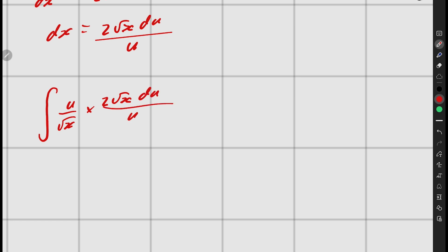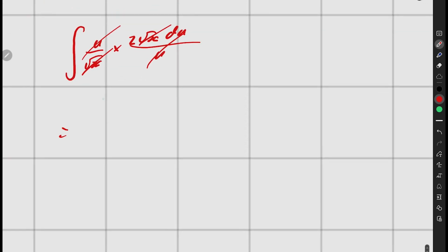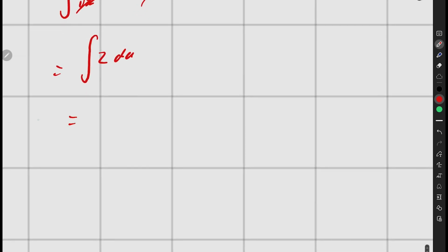And you can see that the root x is going to cancel out. The u's are going to cancel out, leaving us with an integral of 2 du. And let's solve this in terms of u. It's going to be equal to 2u plus c.